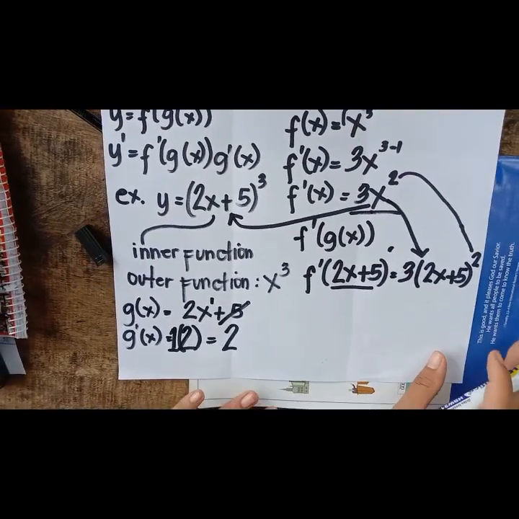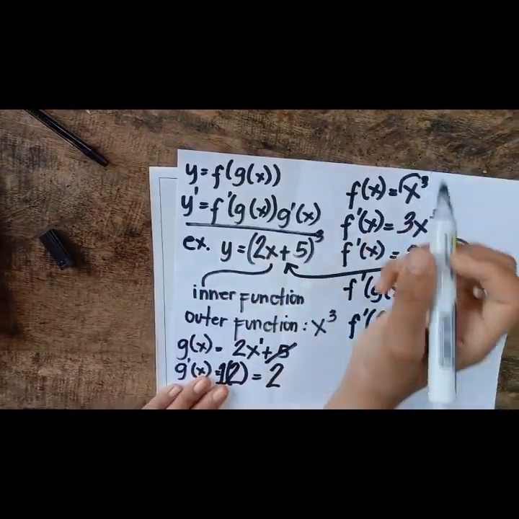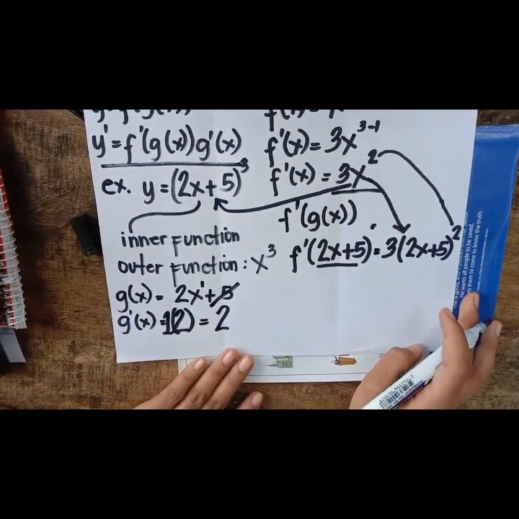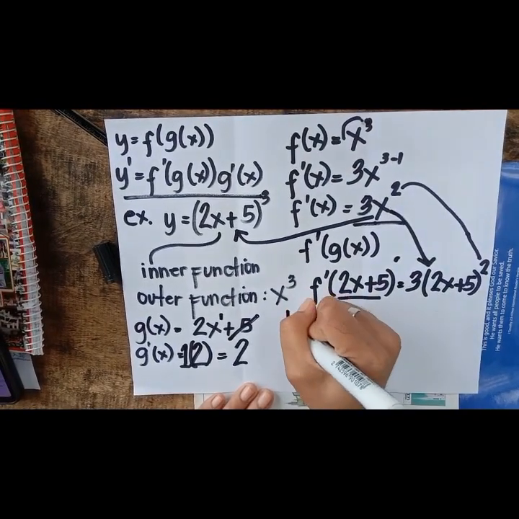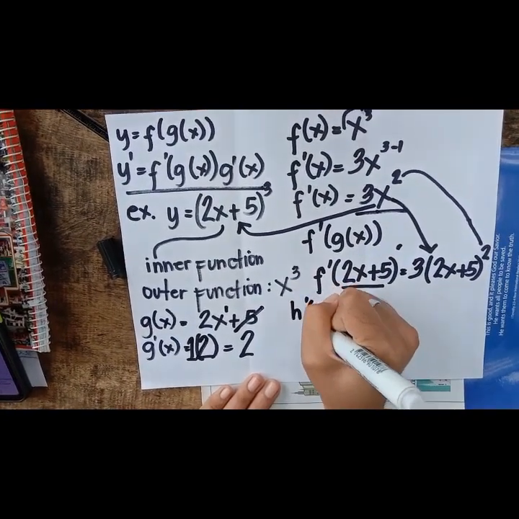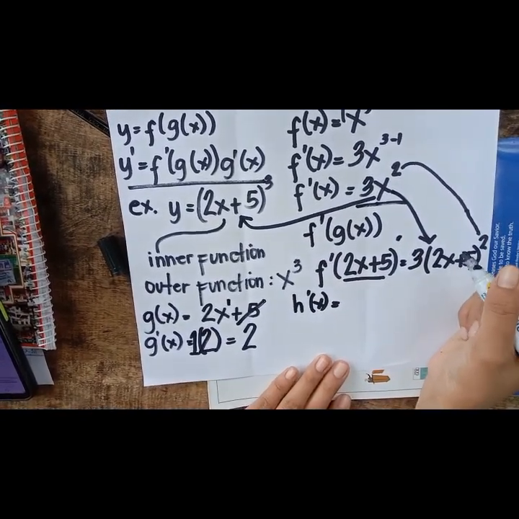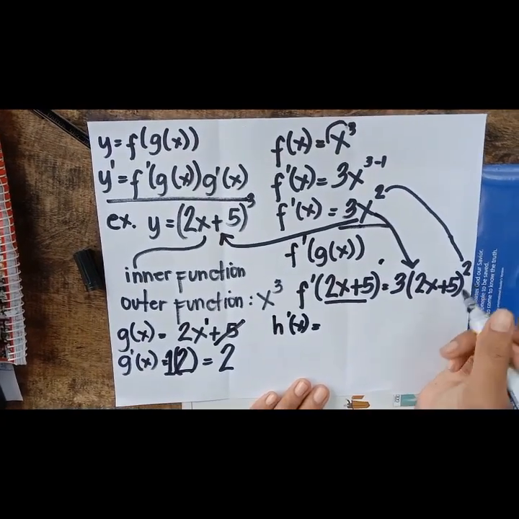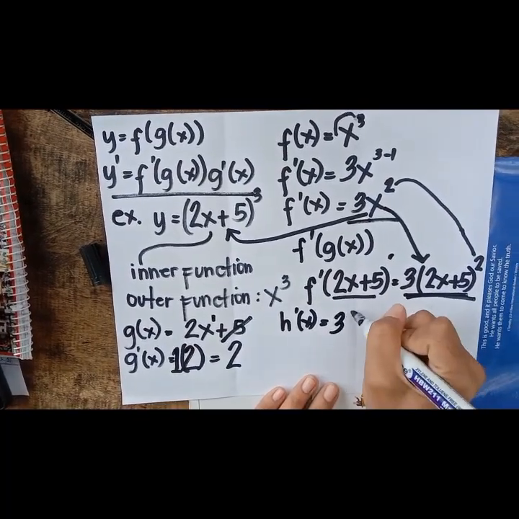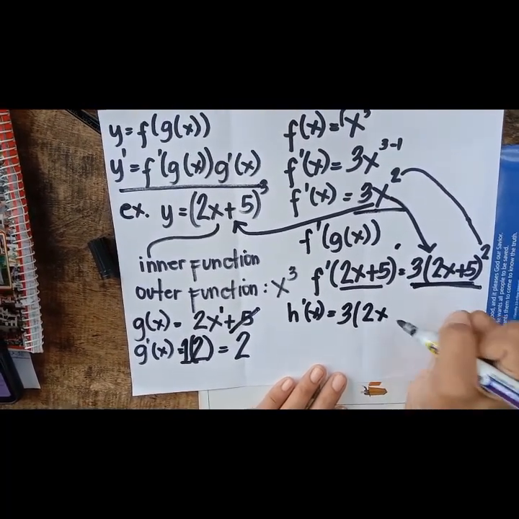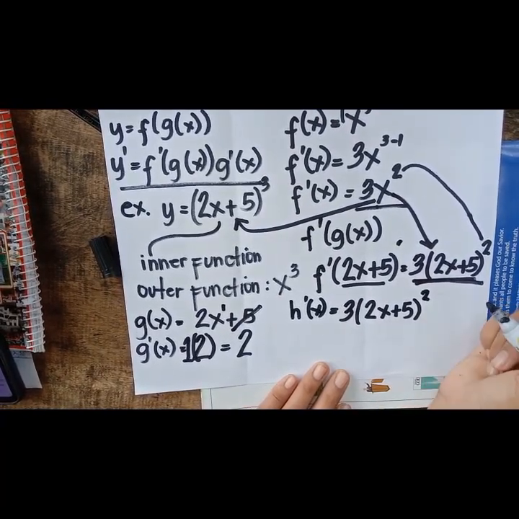The last step, we will now use the formula y prime of x is equal to f prime of g of x times g prime of x. So, h prime of x is equal to our f prime of g of x, which is 3 times 2x plus 5 raised to 2.